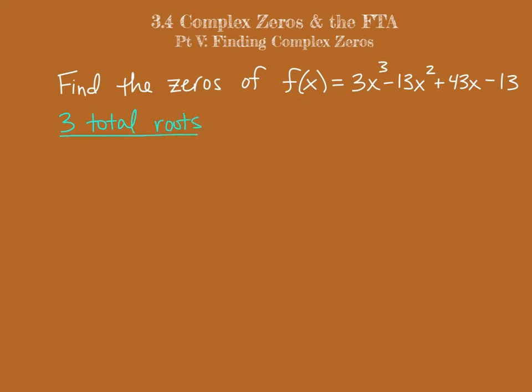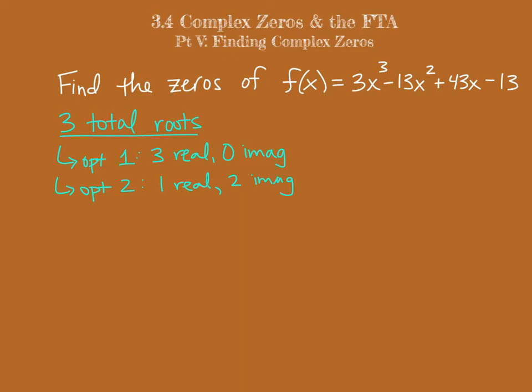Now, since it has 3 total roots, those roots can either be all real, so option 1 is that there's 3 real roots and 0 imaginary. And option 2, since imaginary roots have to come in pairs, one of those roots could be real and 2 of them imaginary.